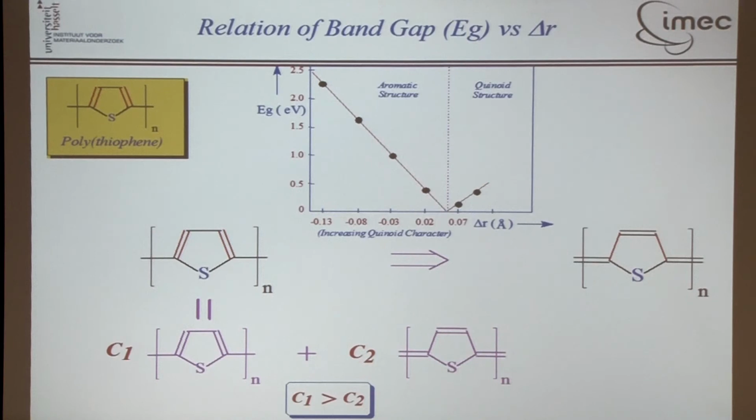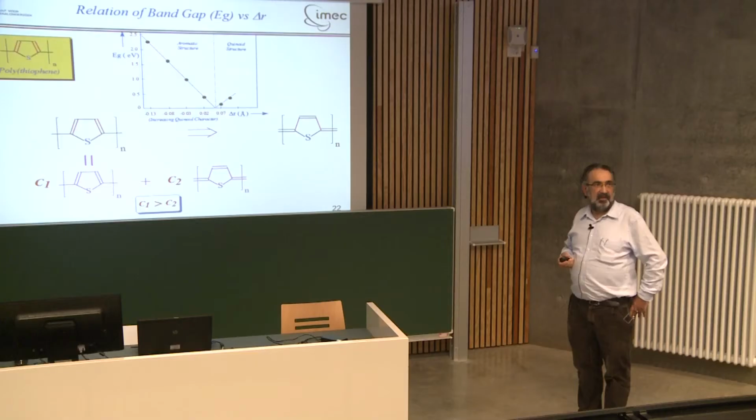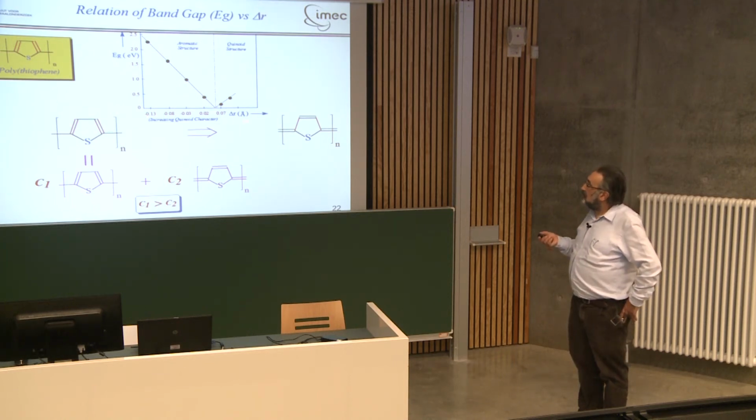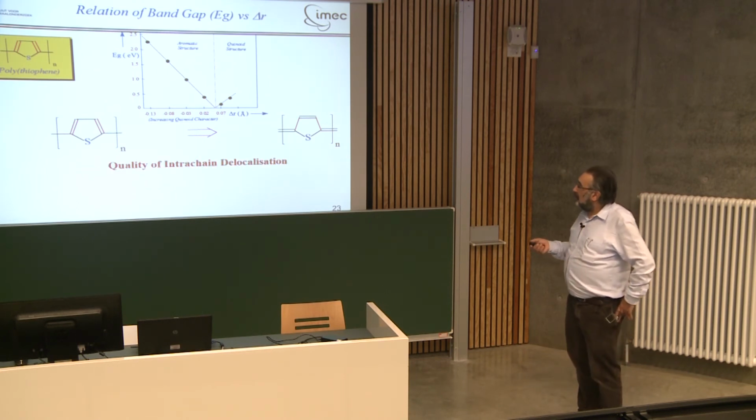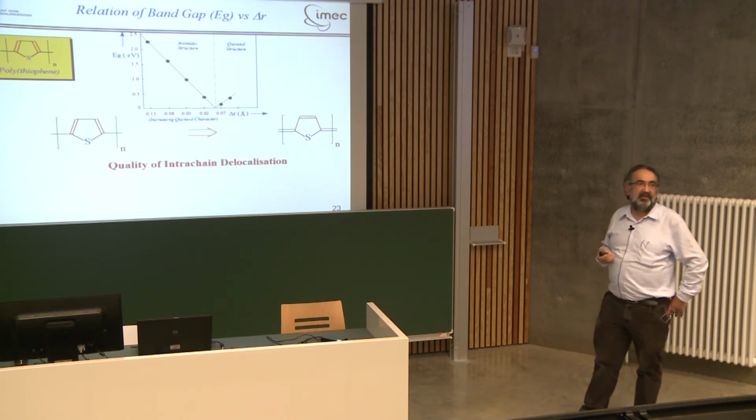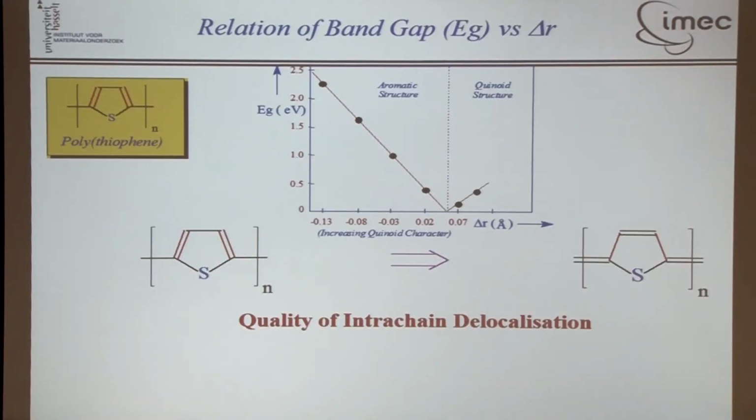Now, if you have a delocalized structure in which two resonance forms have an equal contribution, then we are talking about perfect delocalization. So actually this term, which goes along with different contributions of these resonance forms, is a measure of the quality of intrachain delocalization.